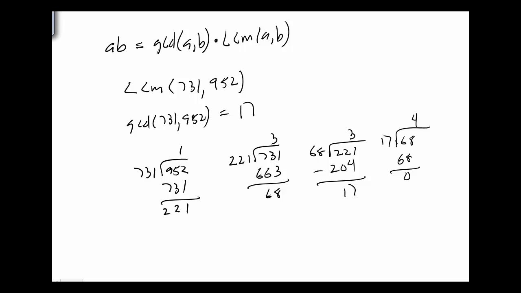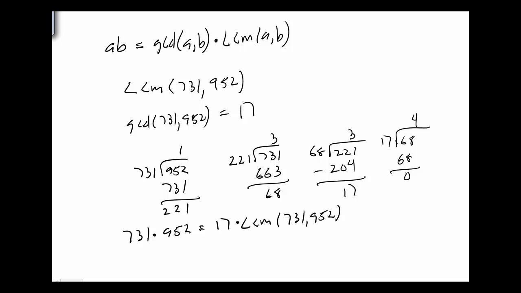Okay. So what I can do with this observation then is I can take the product of the two numbers. So 731 times 952 is going to equal 17 times the LCM of those two numbers. And that's what I want, is the LCM.